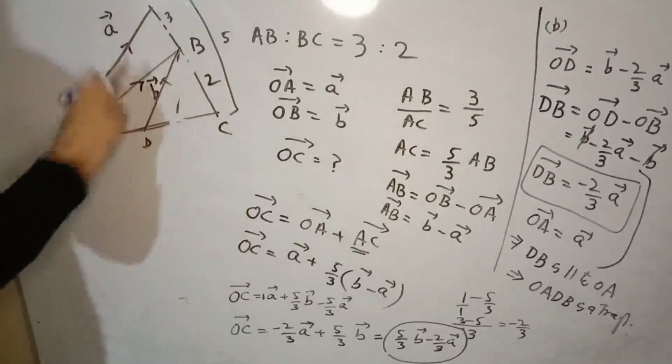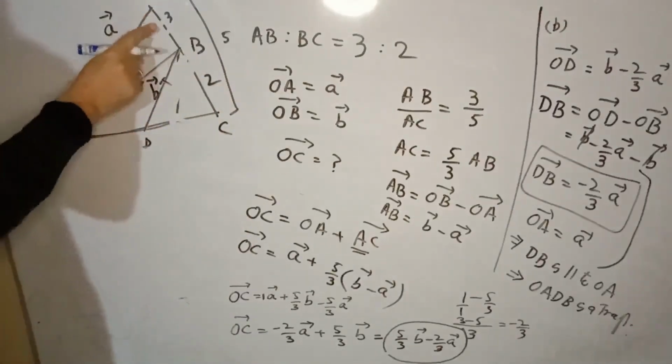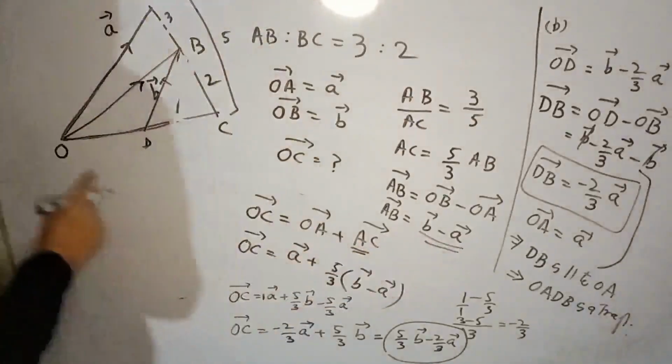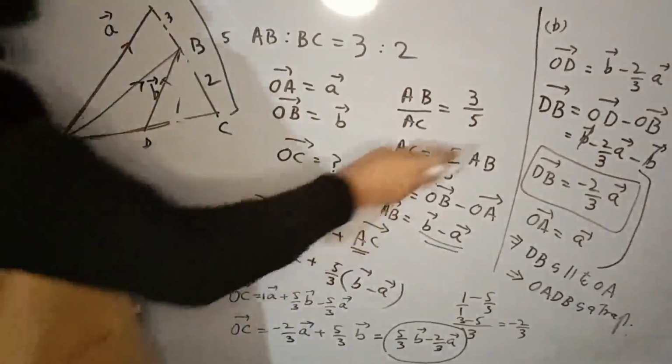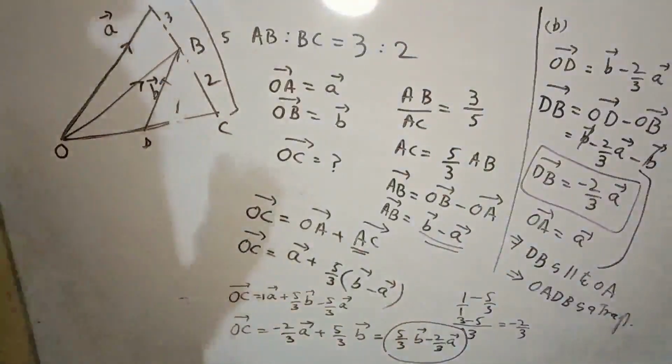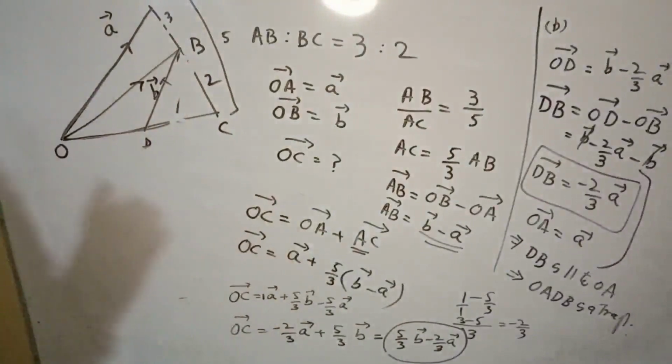OA and DB are parallel, but these two are not parallel because AB is B minus A, and OD is B minus 2 over 3A. They are not scalar multiples of each other.